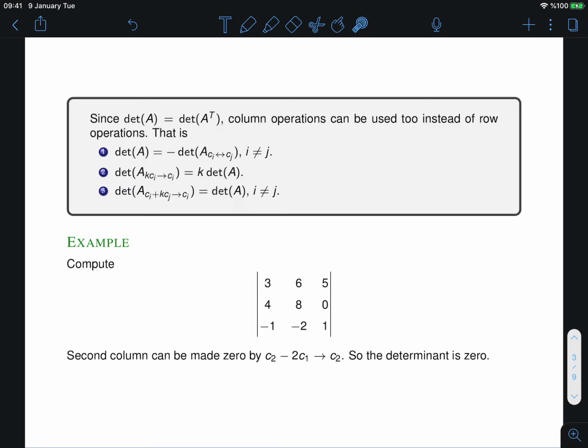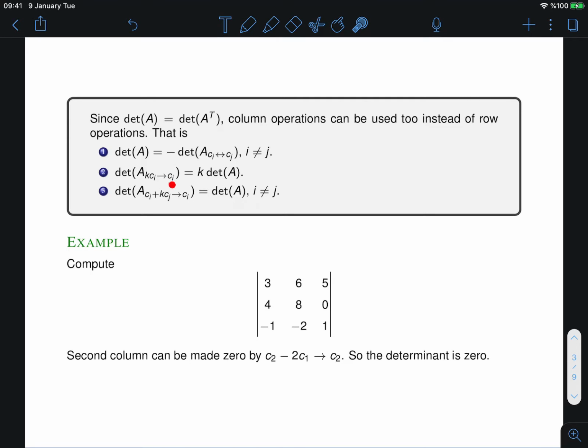But we can do this also for columns. Swapping two columns, column i and column j for different columns, multiplies the determinant by -1, right?